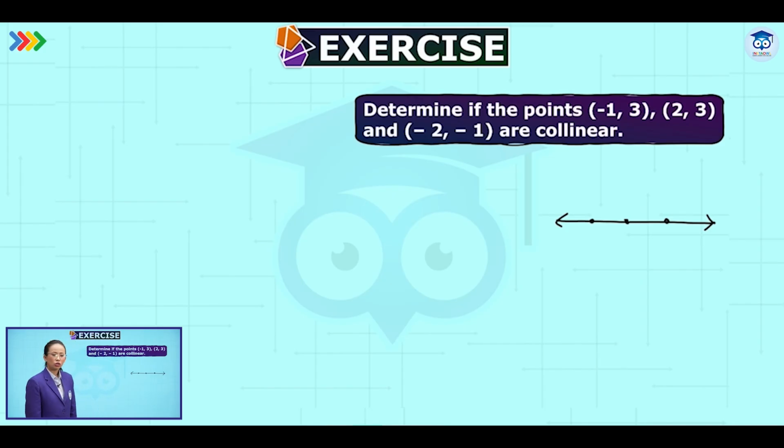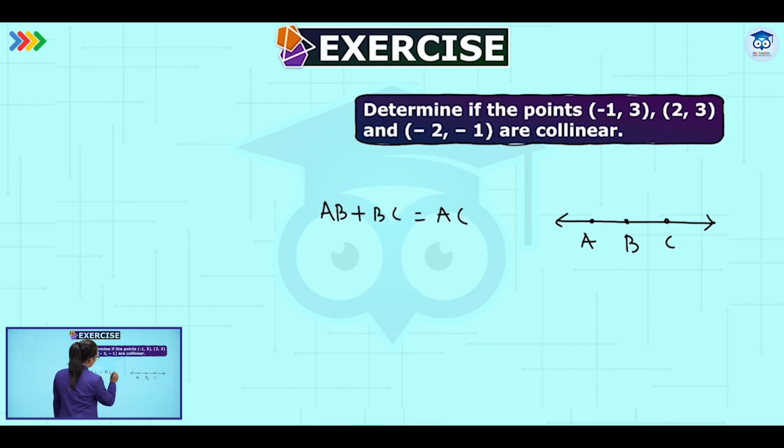To prove that these 3 points are collinear, suppose A, B, C are collinear, it means AB plus BC is equal to AC. That we are going to prove. AB plus BC should be the same as AC.